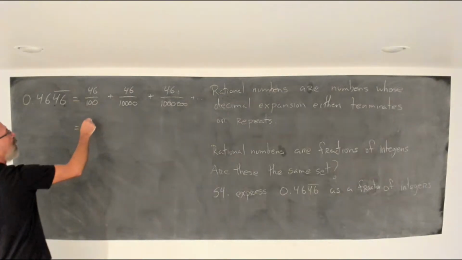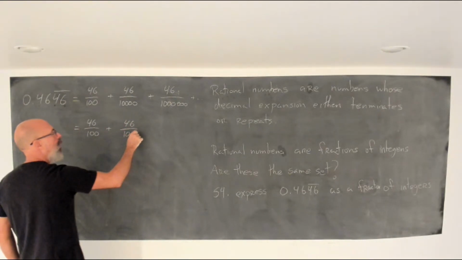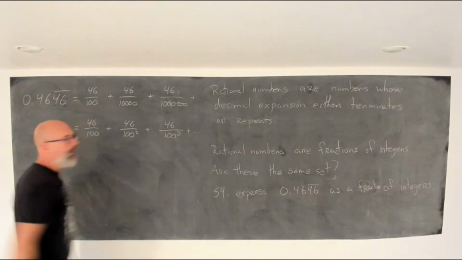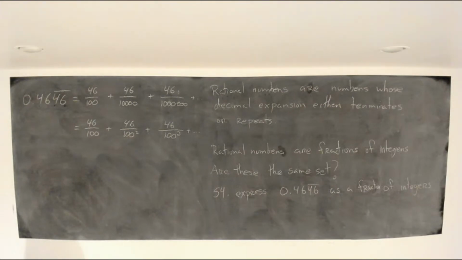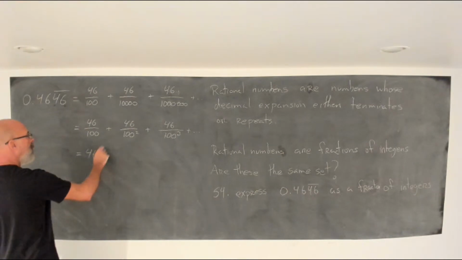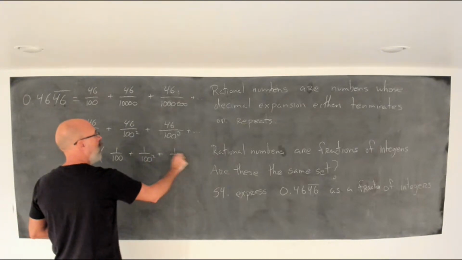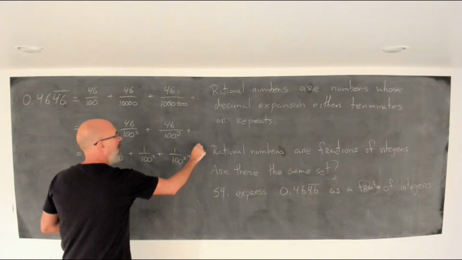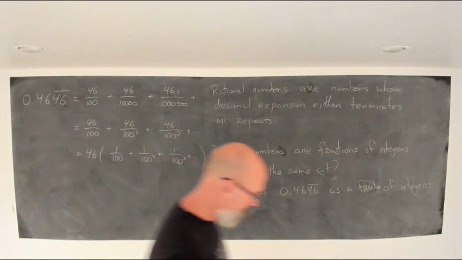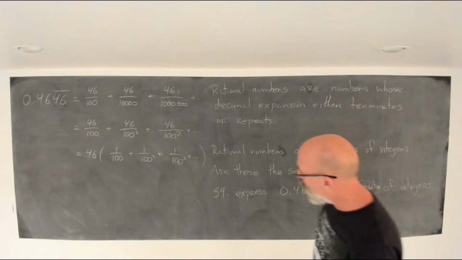In other words, 46 over 100 plus 46 over 100 squared, 46 over 100 cubed, and so on. So if you factor out a 46, this is 1 over 100, 1 over 100 squared, 1 over 100 cubed, and you recognize a convergent geometric series.